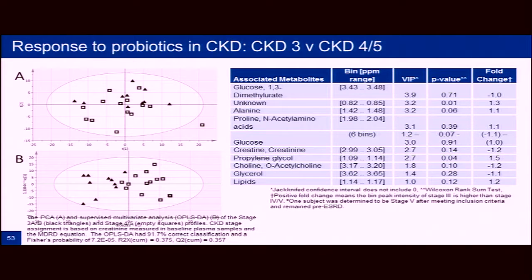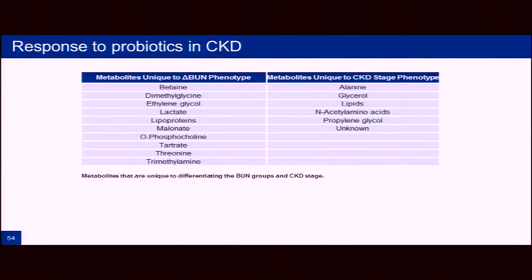There was one person who was stage 5 after qualifying for the study that got grouped into it. And we see a different pattern of metabolites as a result. And this is just a list of the ones that were different between the two groups.